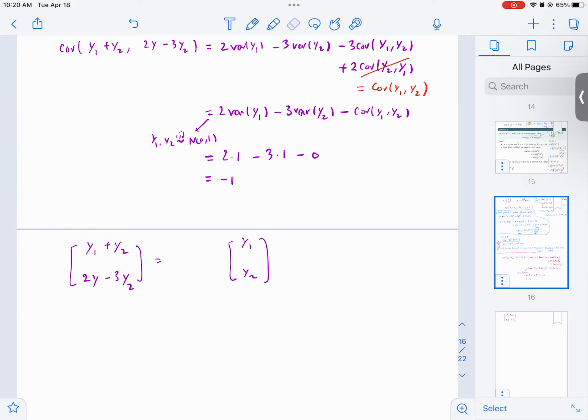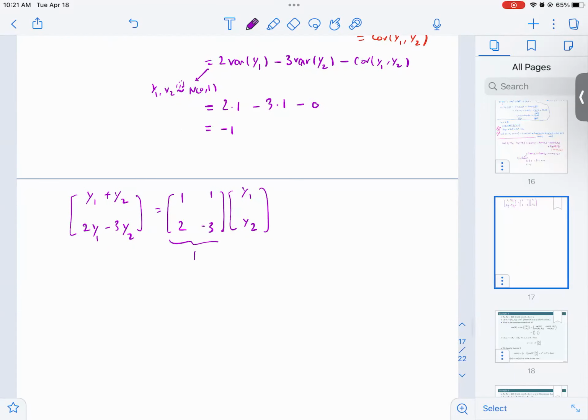That's what we want to do. Then I can compute the covariance matrix of this. The off-diagonal elements would be the covariance of the two coordinates, and the diagonal elements would be the variances. So I gain more information than I need, but I get what I need as well. So how do I write this as a matrix multiplied by that? First row is 1, 1 and row 2 is 2, negative 3. Okay, good. So this is the A matrix, right?